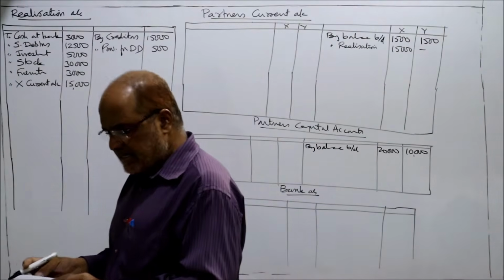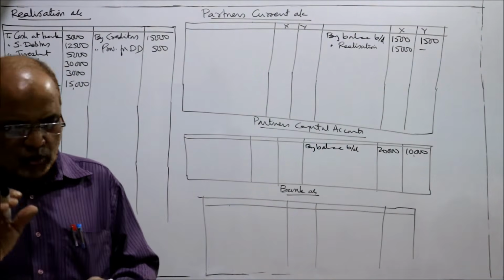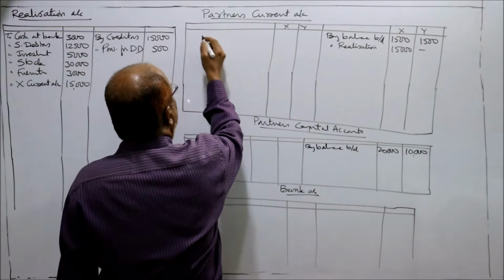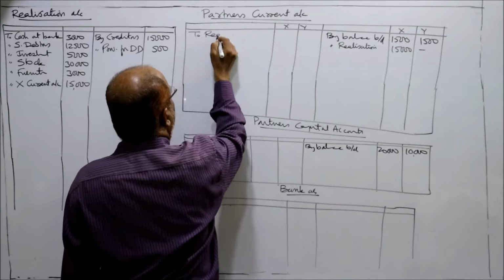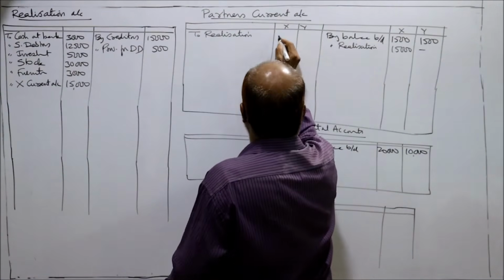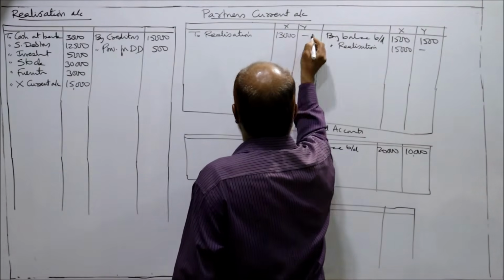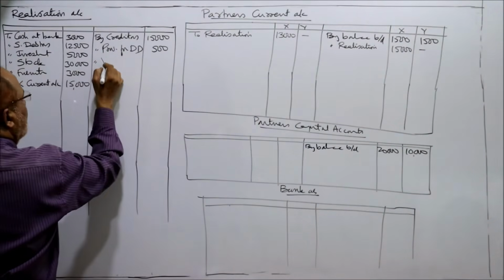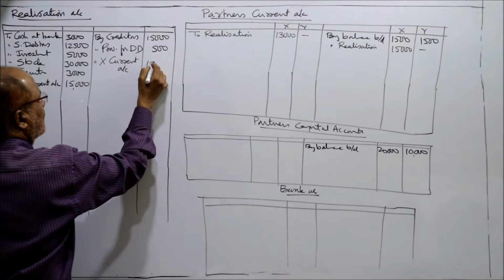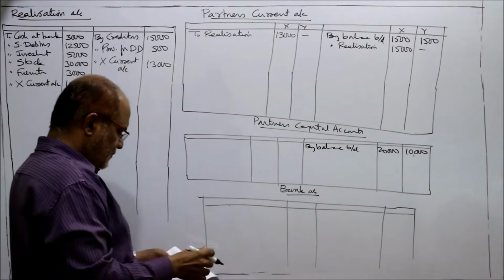Entry posted. Next entry, X current account debit to realization. So we will debit X's current account to realization. Debit side it is 13,000. We will credit realization by X current account, 13,000.